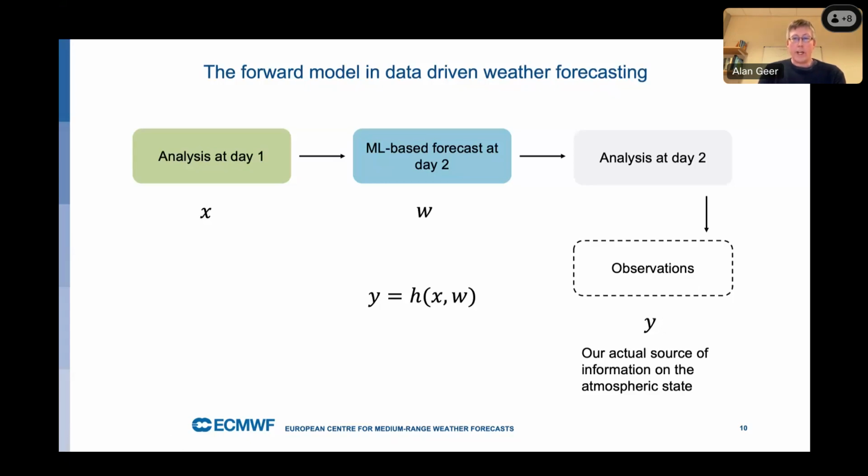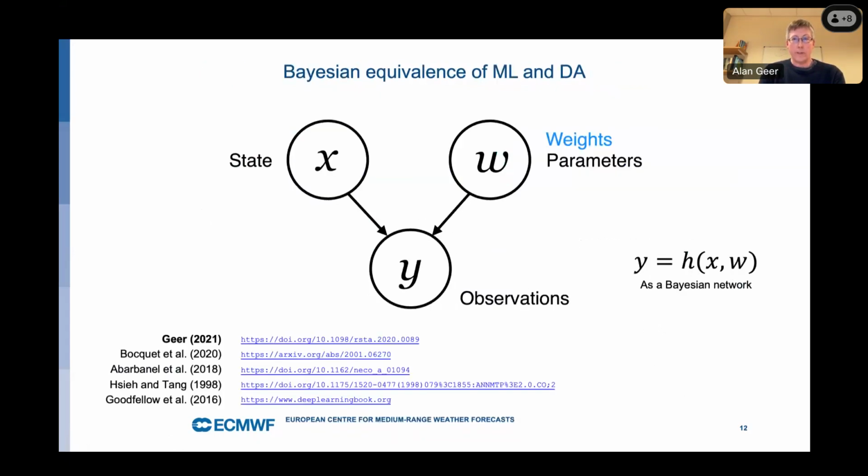And so we can really make that equivalence with training a machine learning model. In the future, it's not going to be training on analyses, it should be training directly on observations. So again, we have essentially the same three identical components in that forward model, only this forward model is being trained. So we can put that all together into a little diagram.